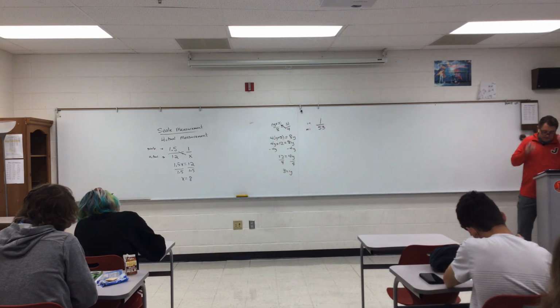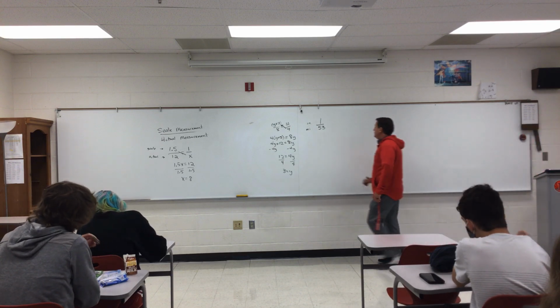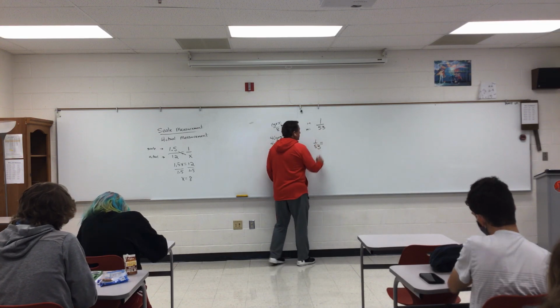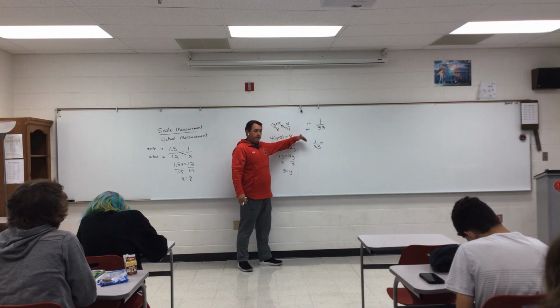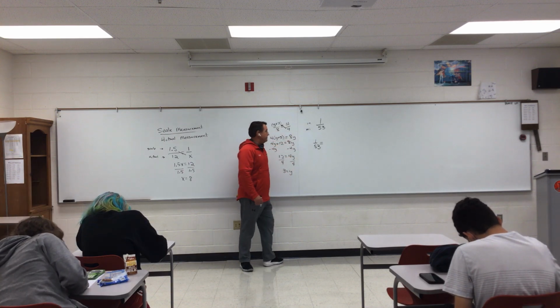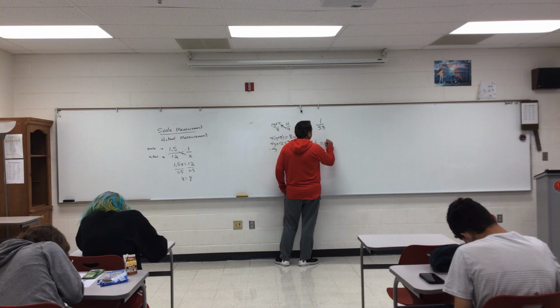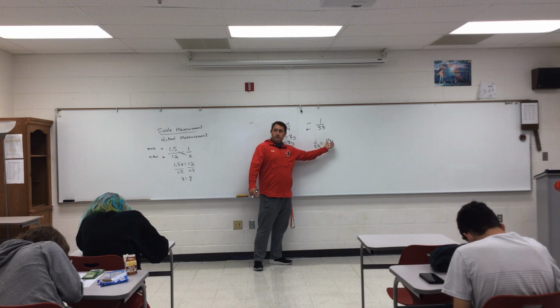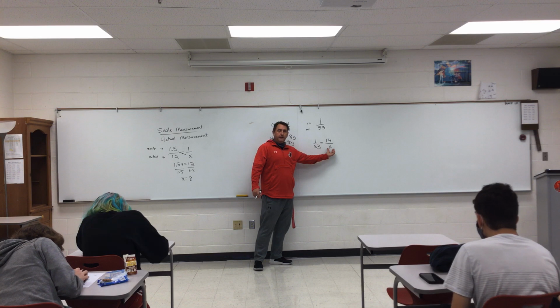So if you measured on that scale and it said Norwich to Danbury is 1 1/4 inches, I'd first put down the scale that they gave me, the 1 over 53. So 1 is the scale, 53 is the actual. Then I would put the inches up here. X is going to be in miles. Does that make sense, everybody?